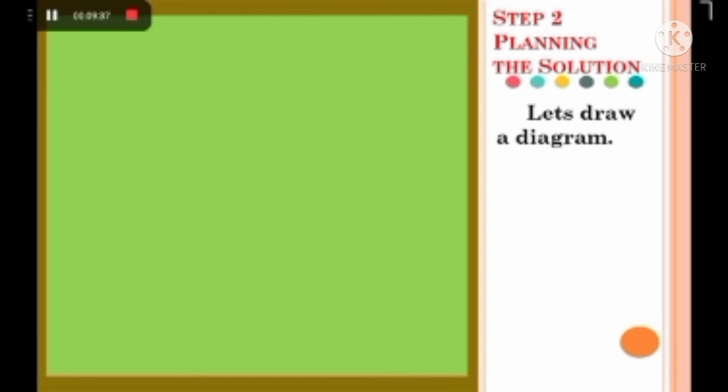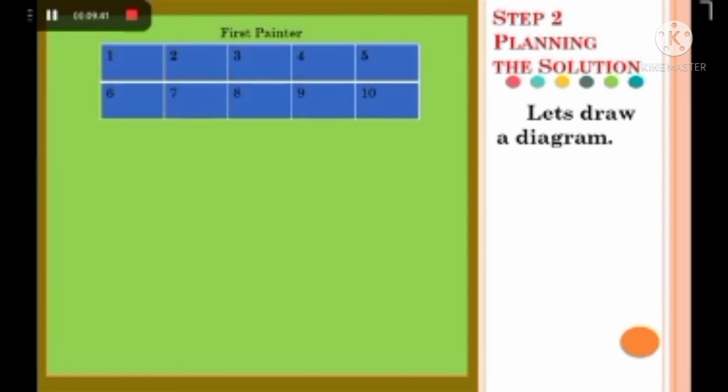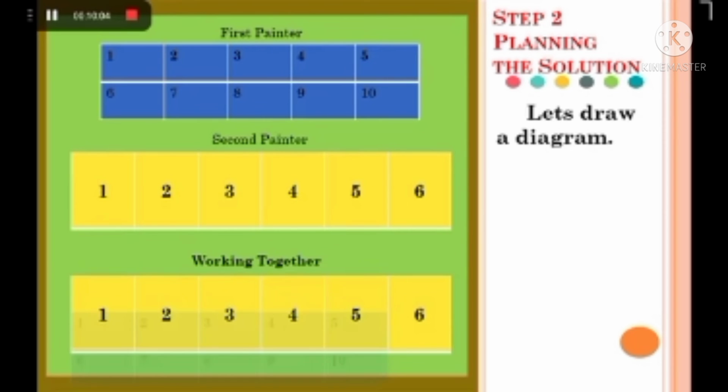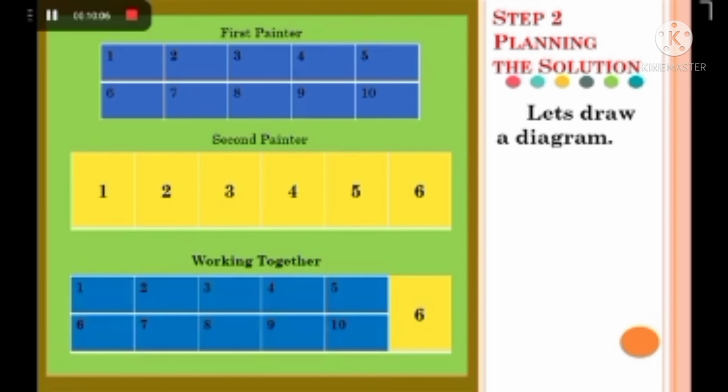So, let's draw a diagram. For the first painter, we draw a wall which is divided into 10 equal parts. Then, for the second painter, we draw a wall divided into 6 equal parts. So working together, we have this.